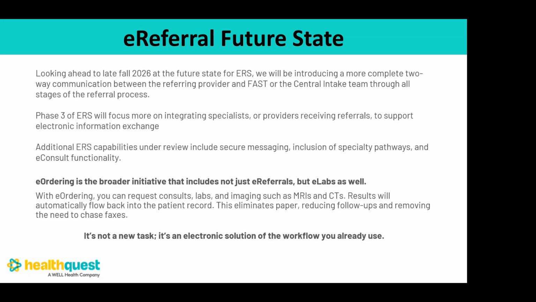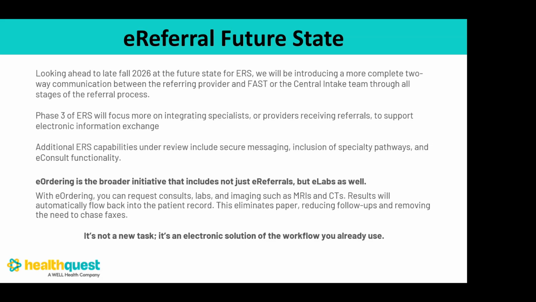So e-ordering is the broader initiative that includes not just e-referrals, but e-labs as well. In keeping with future state, with e-ordering, you can request consults, labs, and imaging, such as MRIs and CTs.